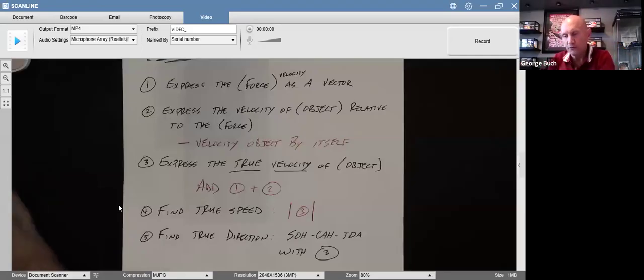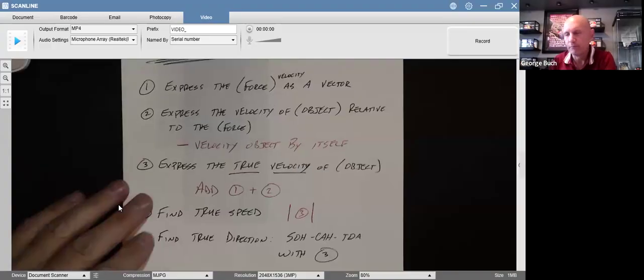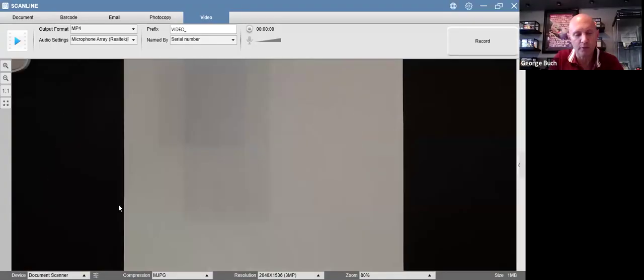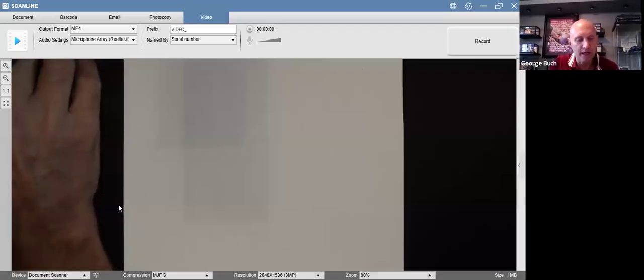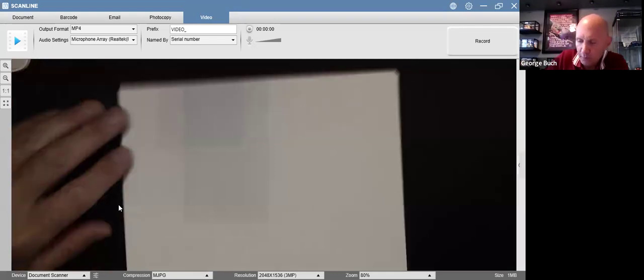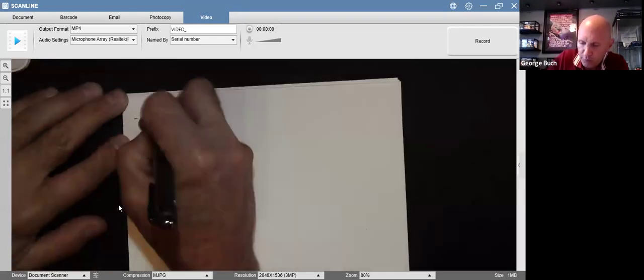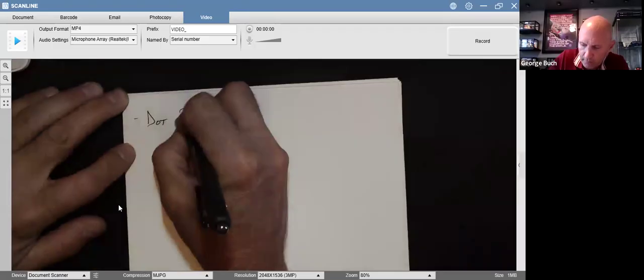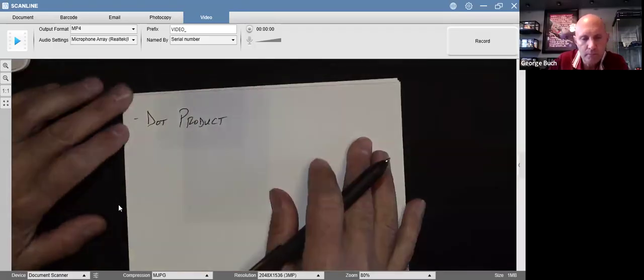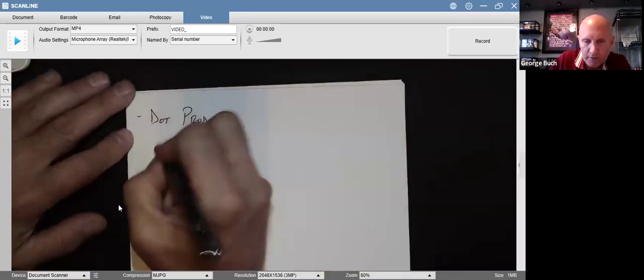So that's our vectors, that's our notation, that's the word problems. We now have something called the dot product. So let me give you the definition of this.